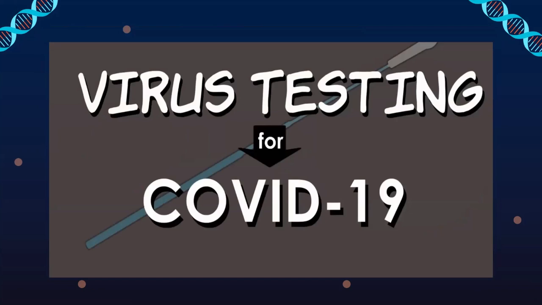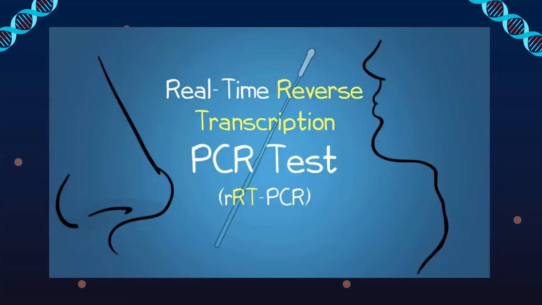So magkakaroon ng virus testing. And then yung tinatawag na yun is the RT-PCR or the real-time reverse transcription PCR test. But to be more specific po, yung real-time reverse transcription is much more reliable or mas mabilis kasi makikita natin yung results.